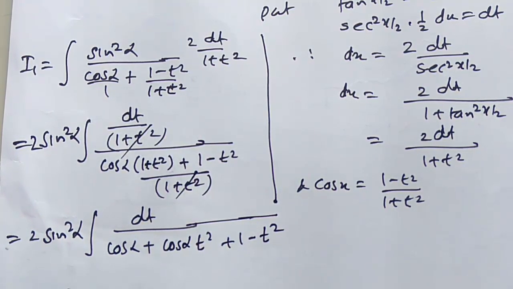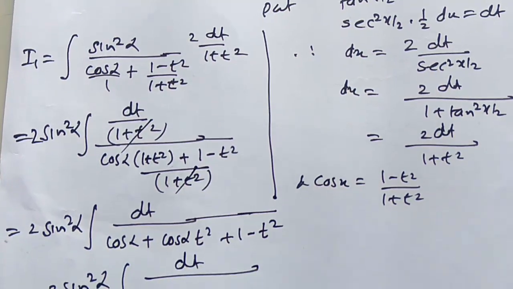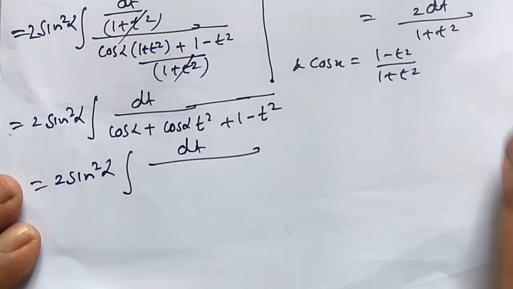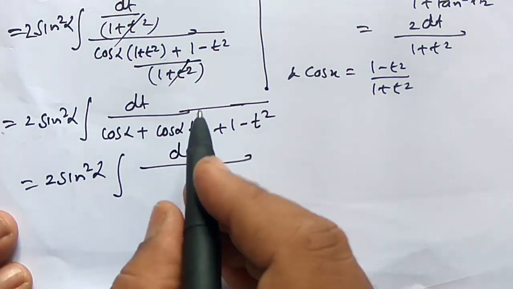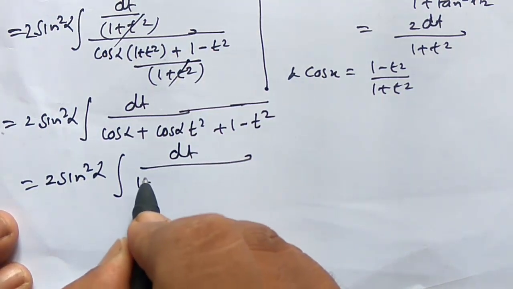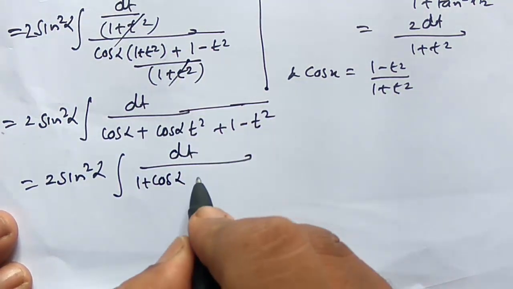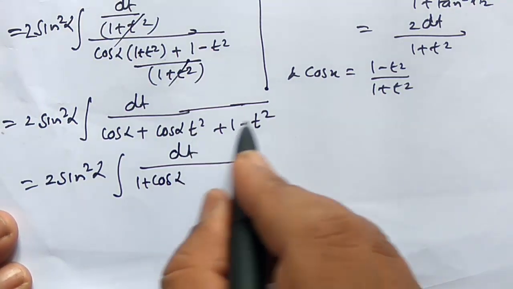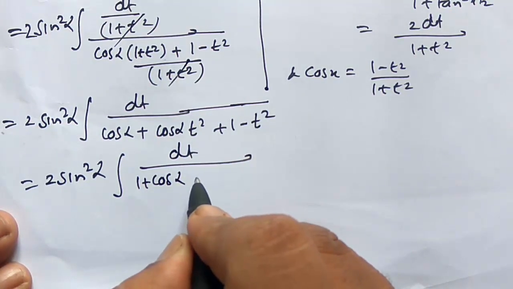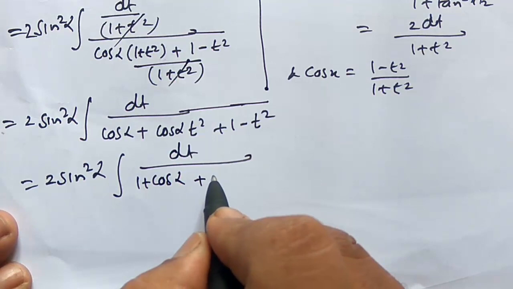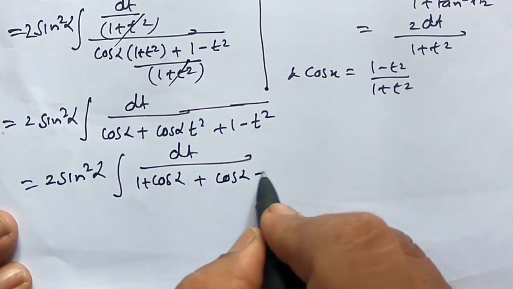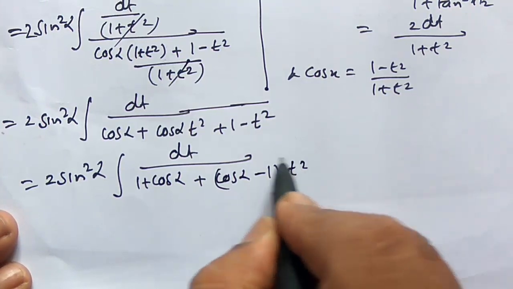So this is equal to 2 sin square alpha dt upon 1 plus cos alpha. We can take t square common, so plus cos alpha minus 1 times t square.